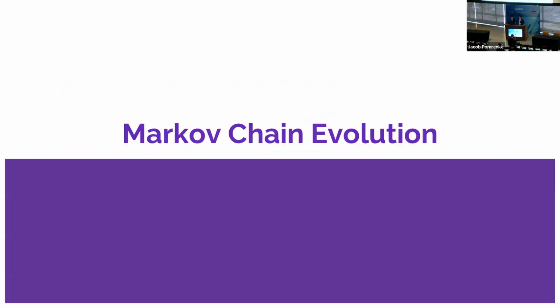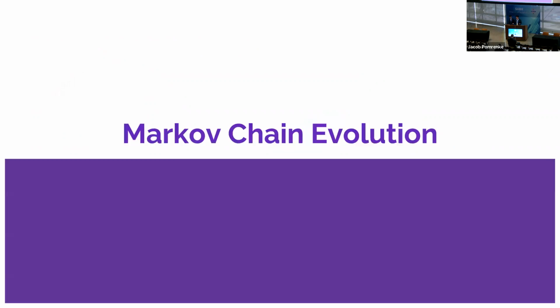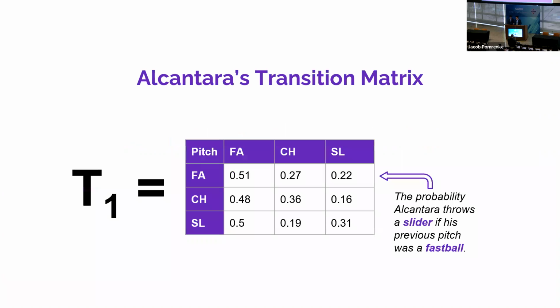It turns out that we can represent this entire transition property through a 2-dimensional matrix, and with that we can further infer all the possible probability distributions of all the future pitches that he throws at any given time in the future through a process called the Markov chain evolution.